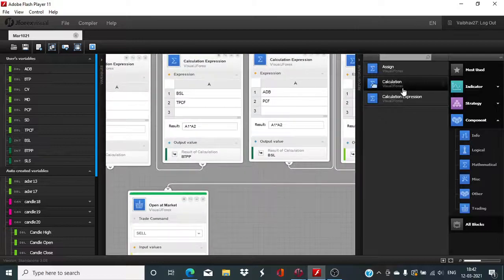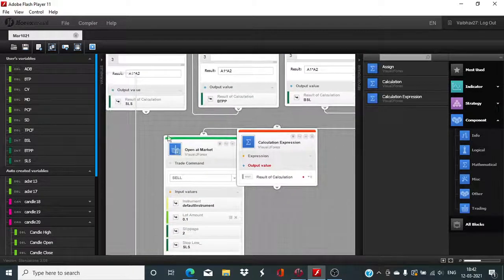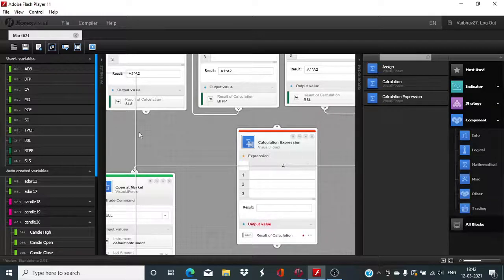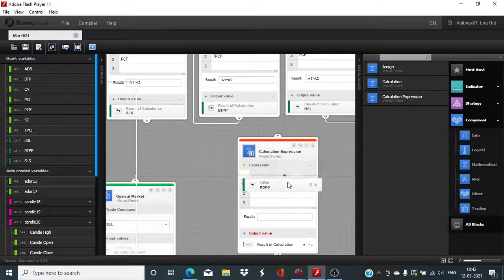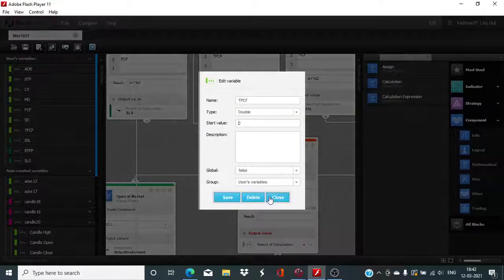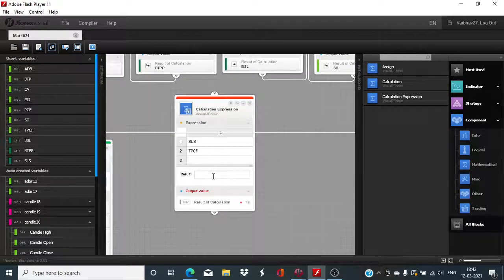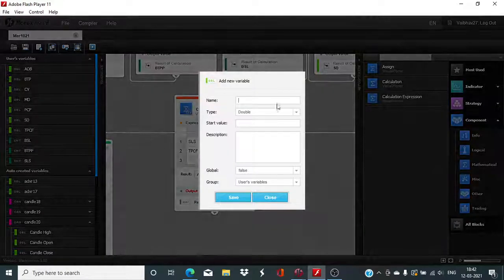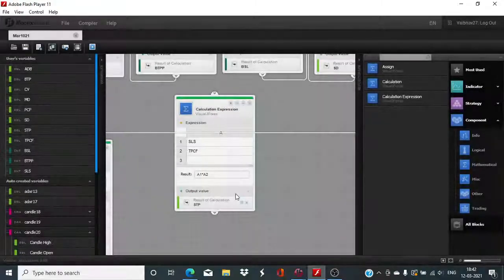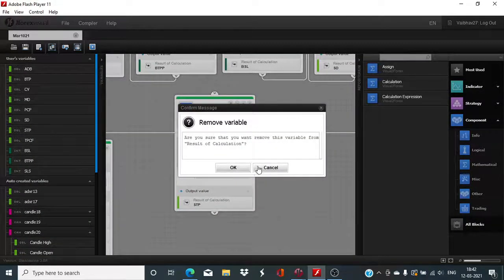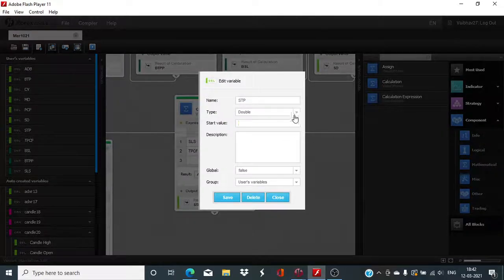One more calculation expression is needed, and now we take this result of the calculation and multiply it by take profit conversion factor, which is 2, and this will be A1 into A2. This will be sell side take profit. Oh, similar mistake. Let me see if I can change its data type.